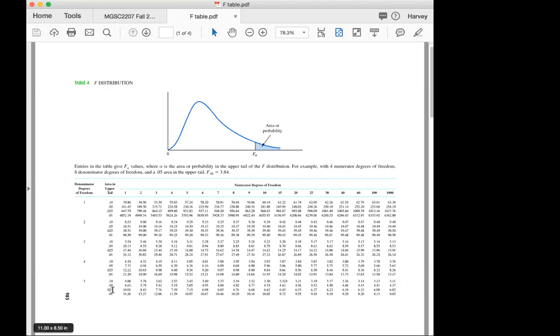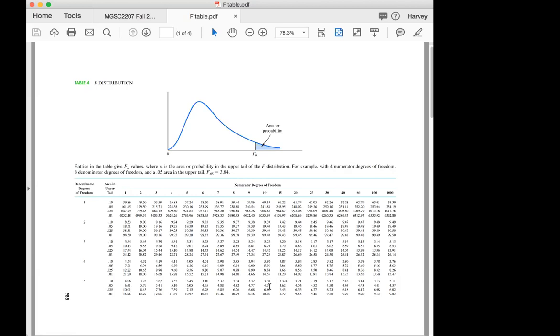Kind of like how you work with the t distribution, except that instead of one degree of freedom for a single sample, we will be looking at 2 degrees of freedom, the denominator and the numerator. We'll be looking at a combination of those 2 to find the p-value. So we'll try to get comfortable with that.